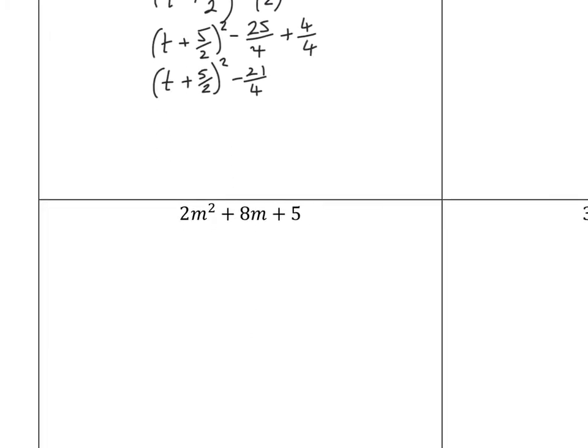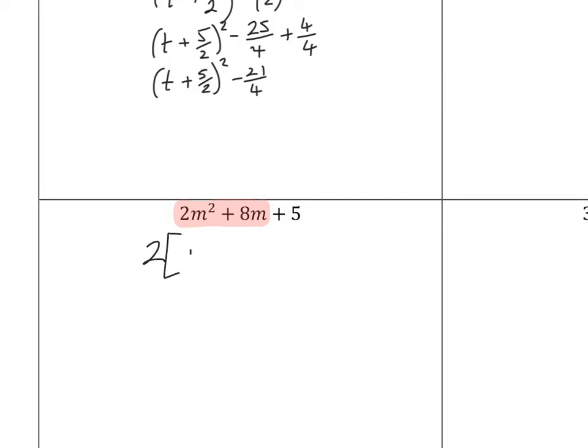Now, on this next one, if we have a number in front of the squared term, our trick is we're going to factorize out that number, but just from the first 2 terms. If I do it for all of them, and so if I do it for the 5, I will get fractions. I want to try and avoid fractions. So I'm going to factorize out the 2.